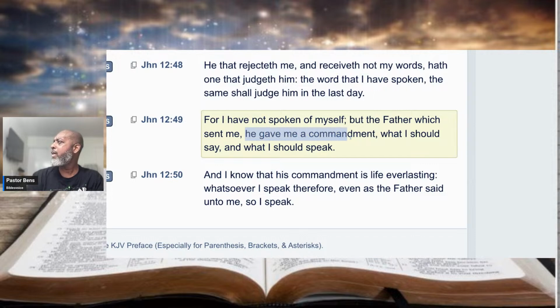And gave him a commandment, what I should say and what I should speak. So we've just destroyed that argument. So you can no longer say that the message that Yeshua has is different from the Father. The commandments that Yeshua is talking about are the same commandments that were given in the Torah. Come on and go with me here.